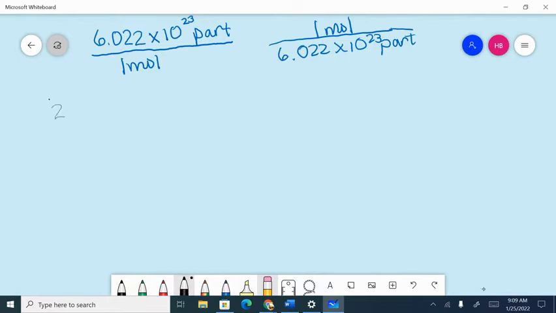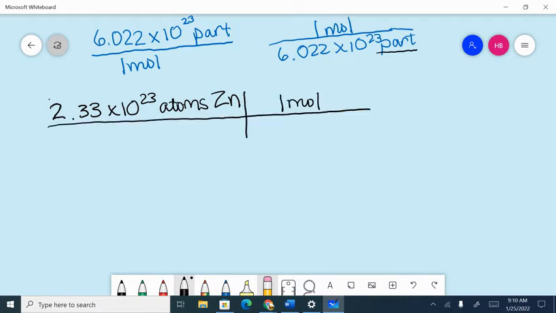Let's say the problem asks you to calculate the number of moles in 2.33 times 10 to the 23rd atoms of zinc. Of my 2 possible conversion factors, remember, particles can be atoms, ions, formula units, or molecules, so atoms is good.